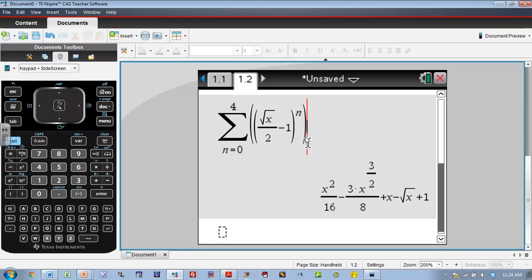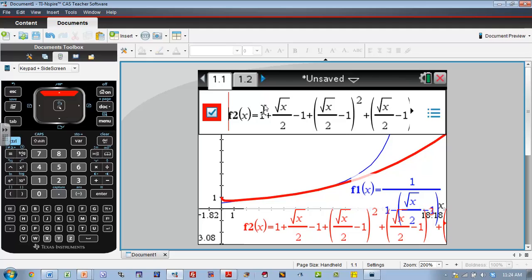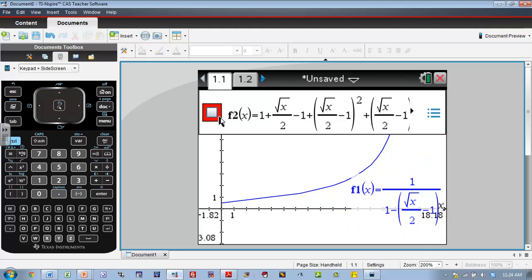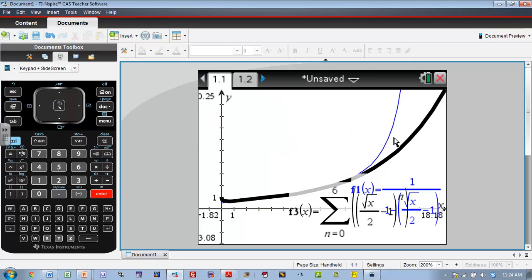I'm going to take this expression, copy it, and bring it over to here. I'll get rid of F2, and I'll go ahead and put it into F3, and then how about I put, instead of 4, let's put 6. Oh yes, we can see that it's getting closer.